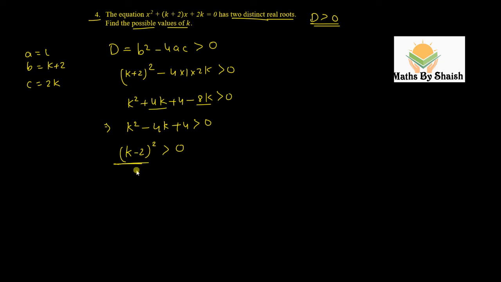So the possible values will be all values which this can take, and hence k can take any value, or we can write k belongs to the real numbers, or k is greater than minus infinity and less than infinity. It can take all the values.